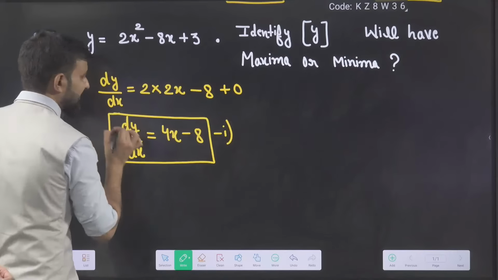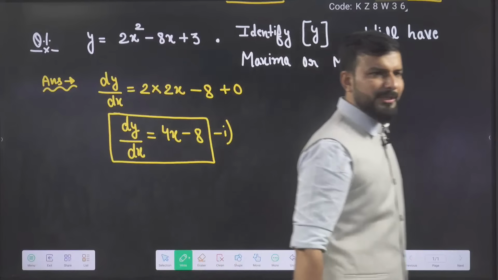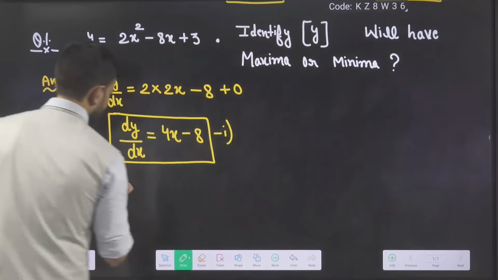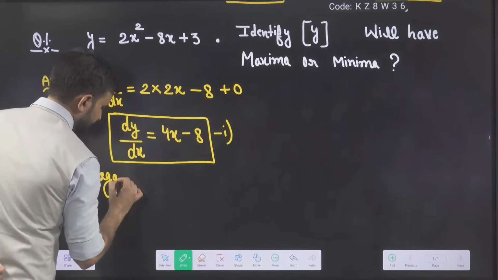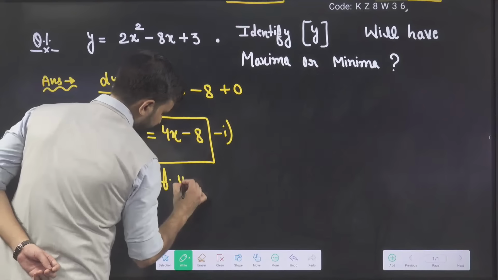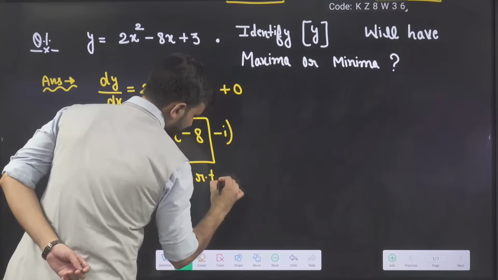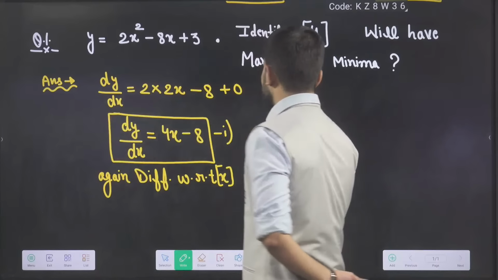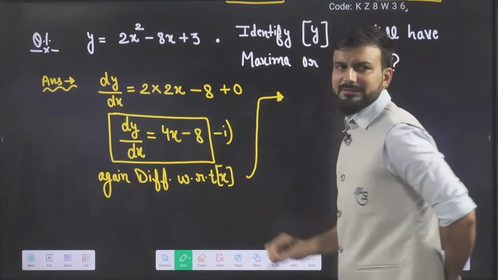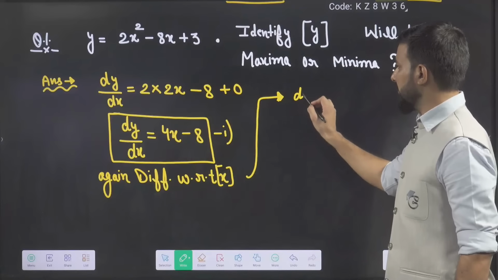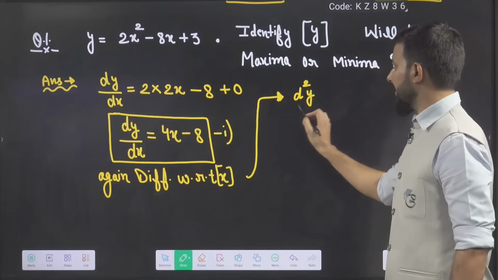Is this much sufficient to figure out minima or maxima? No, sir. Then what do we have to do? Again differentiate with respect to x. What is the next differentiation you will have? d2y upon dx square.